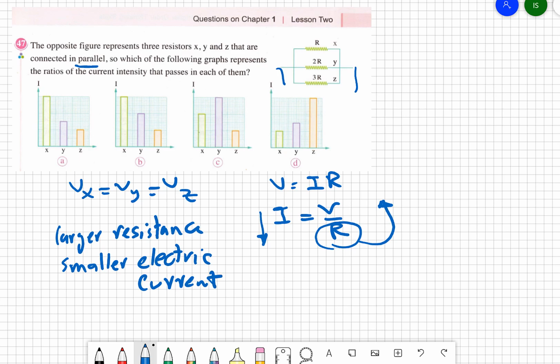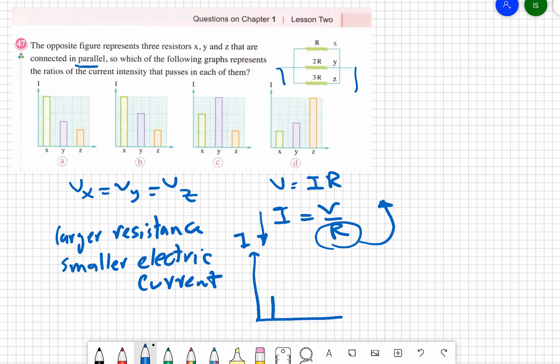تمام؟ لو أنا عملت graph between the resistance and current, y axis current and x axis resistance, which one will have the highest electric current? The smallest one, R or 2R or 3R?